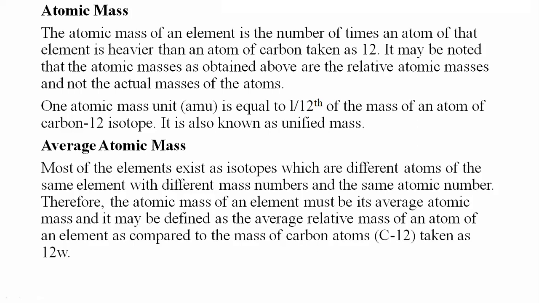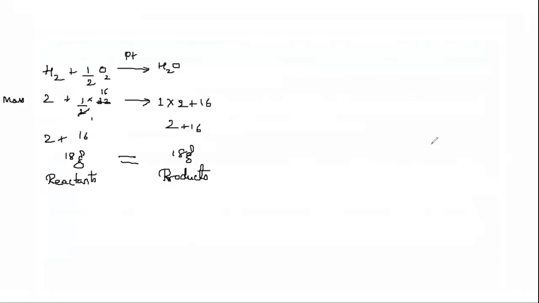taken as 12. I'll explain it in a better way. That is the definition of atomic mass, but how do we understand it? When we speak about atomic mass, is it just the mass of an atom?